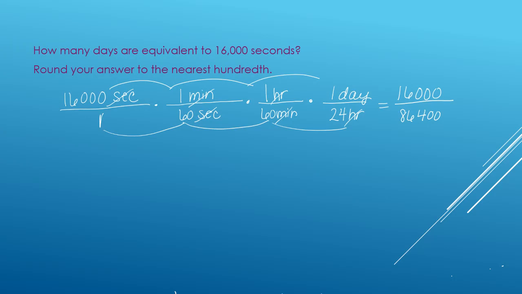Now my last step is to divide this. So 16,000 divided by 86,400 is 0.18 days. And there we go. Okay, so 16,000 seconds is 0.18 days.